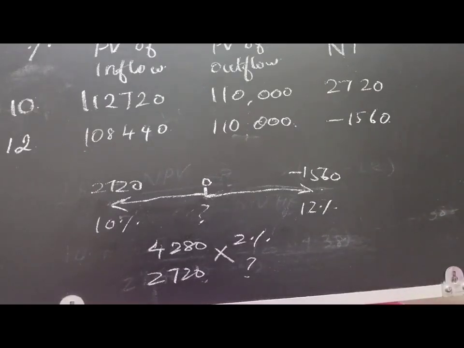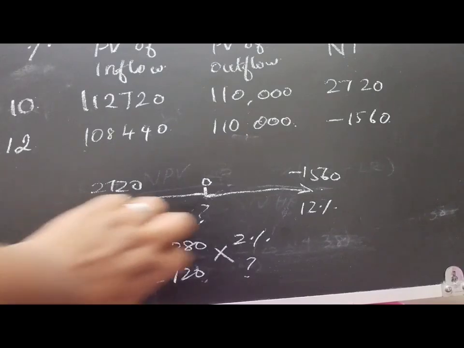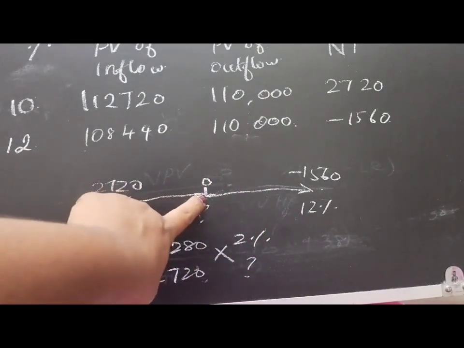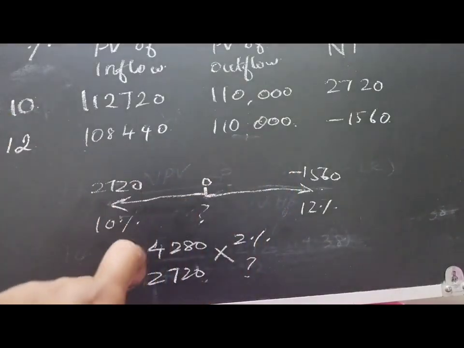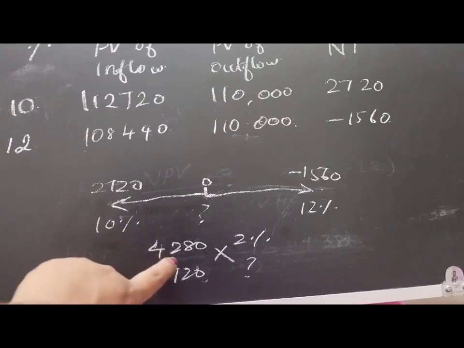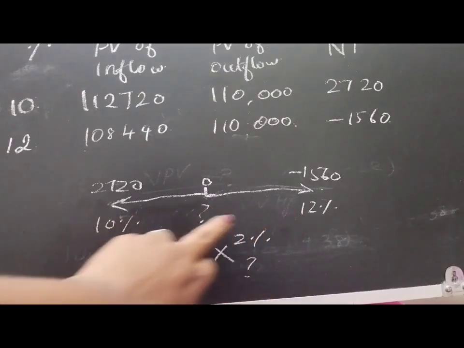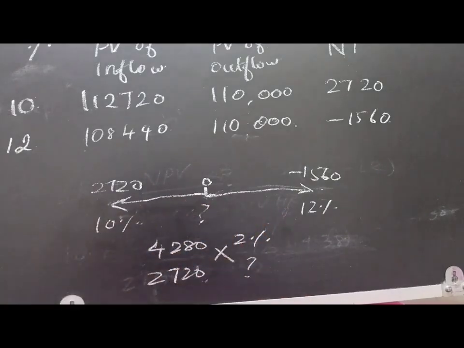So how much is the distance of this total area, from 10 to 12? From here to here 2720 and from here to here 1560. So totally 4280. So for 4280 NPV, how much is the difference of discounting percentage? 2%.